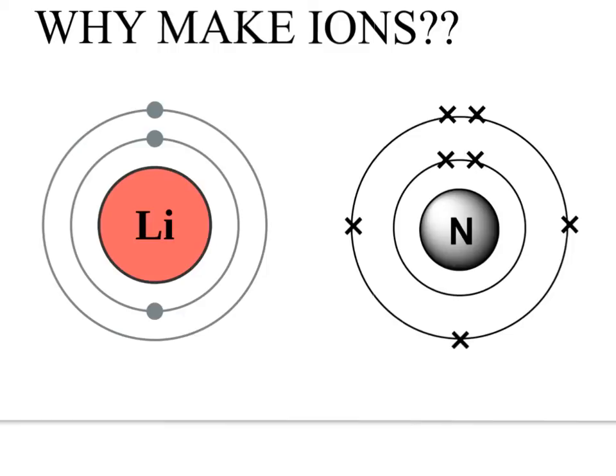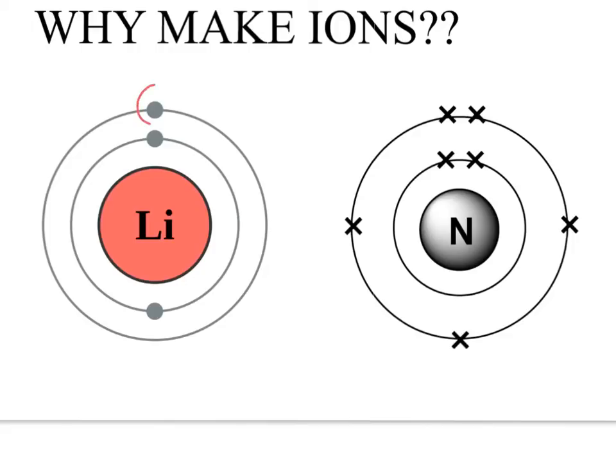If you remember earlier, I was talking about the octet rule, how the atoms want to either gain electrons or lose electrons to have the same number as a noble gas in order to be stable. So some of you, these pictures might look familiar. In middle school, some of you learned about energy levels and the rings around the nucleus and all of that stuff. And this is what this is talking about.